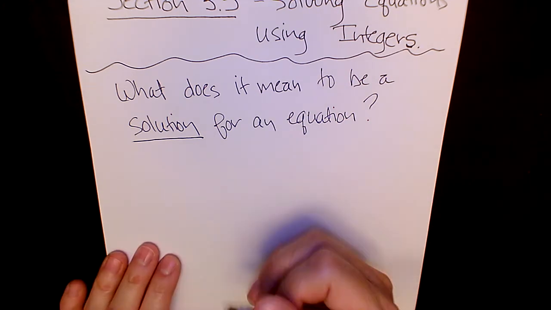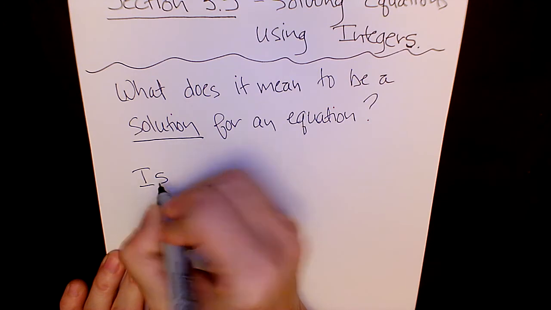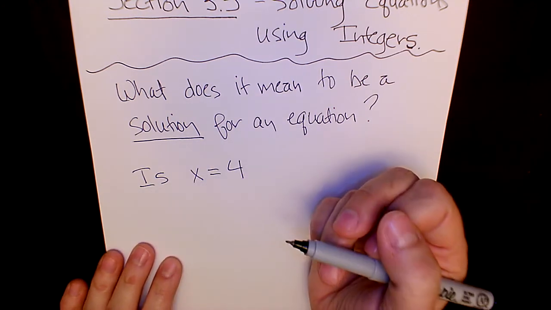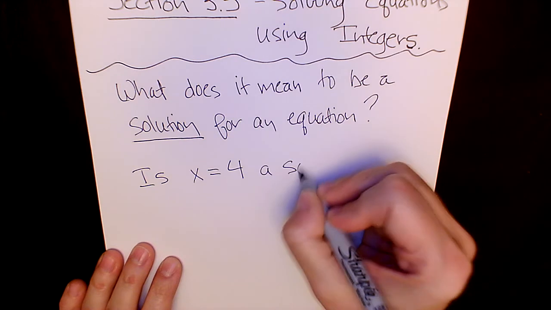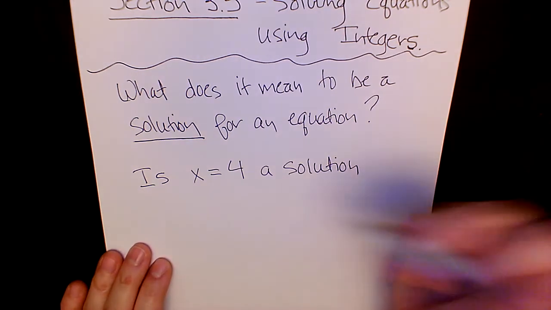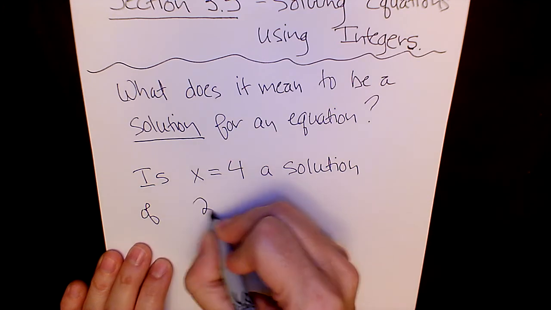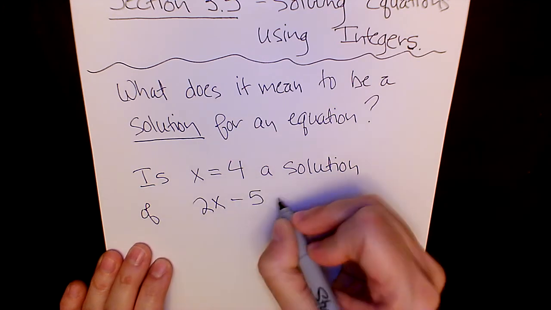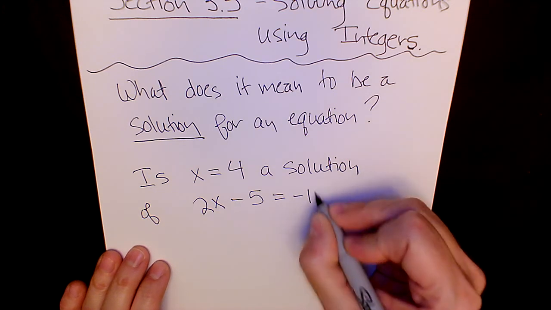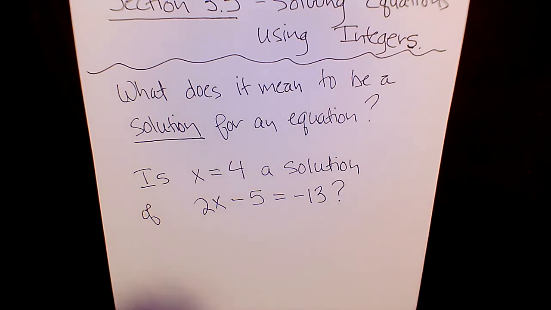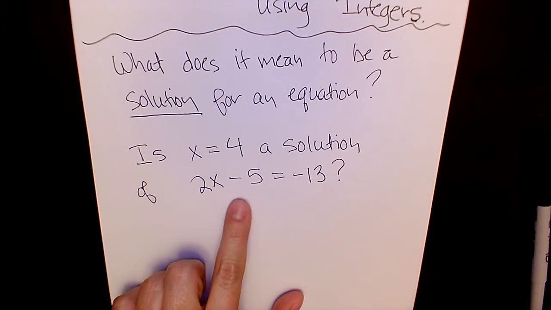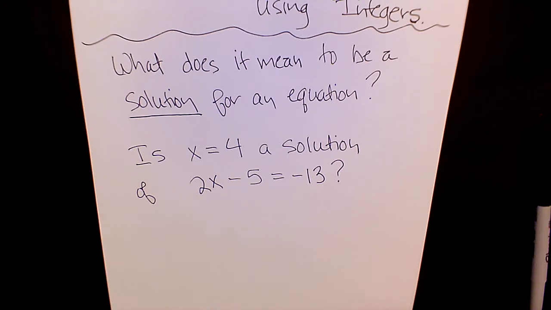So let's say, is x equal 4 a solution of 2x minus 5 equals negative 13?